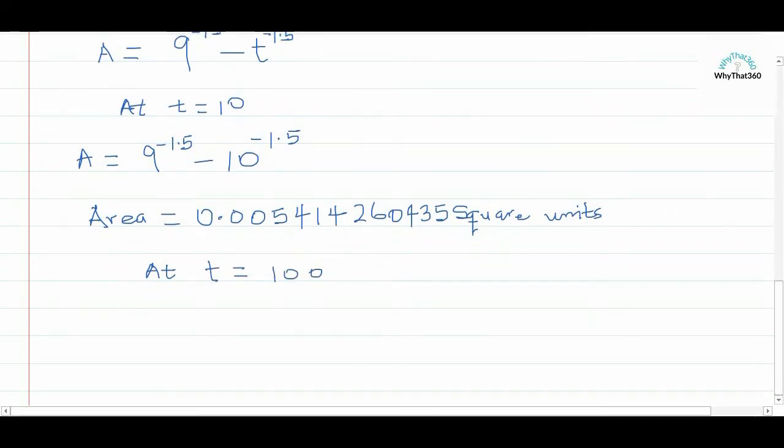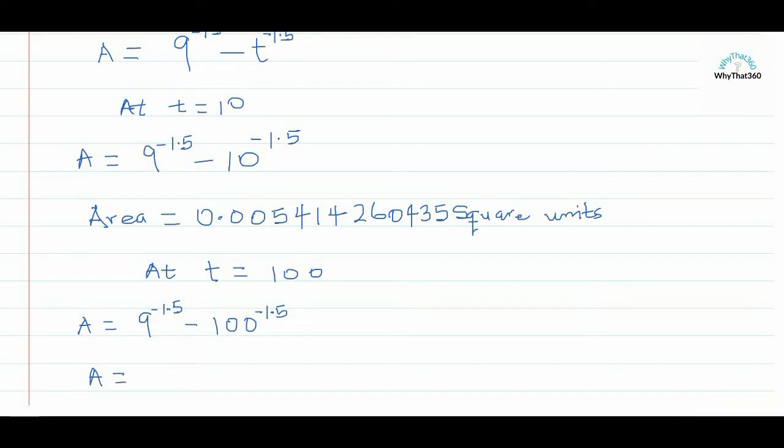When t is equal to 100, we know the area will be equal to 9 raised to the power negative 1.5 minus t, which is 100 raised to the power negative 1.5. And then at this point I will use my calculator again and see what we get.